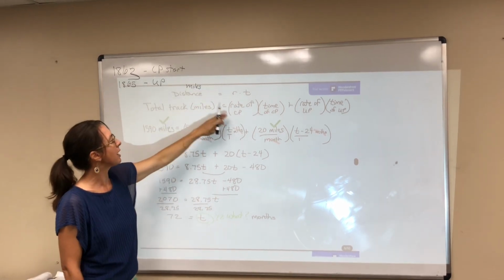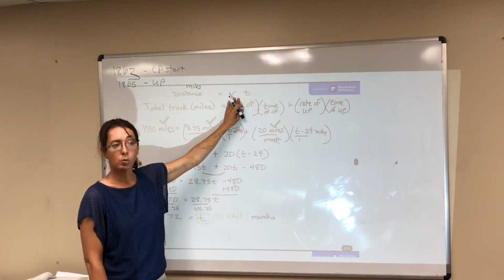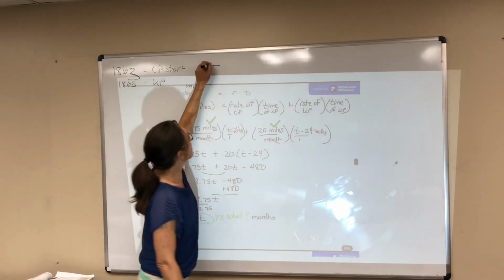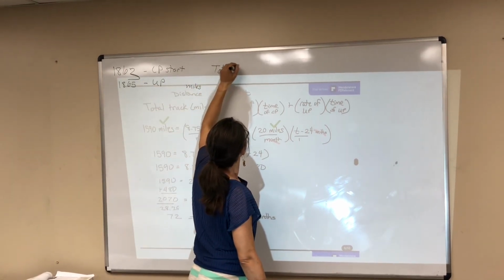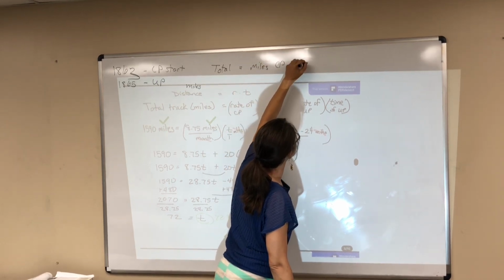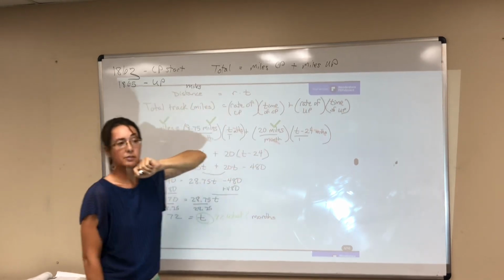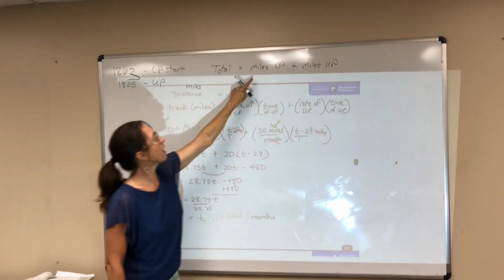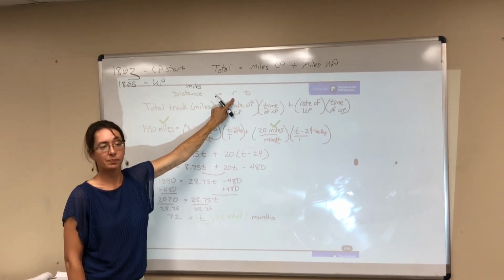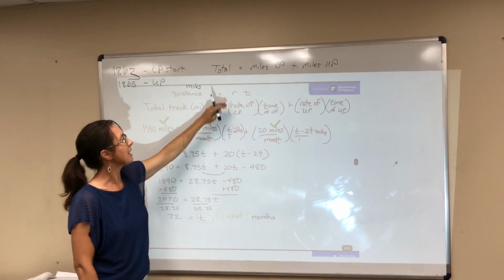Everywhere that we see miles, we can replace it with rate times time. We're substituting here. So our total track equals the miles of CP plus the miles of UP. Everywhere I see miles, I can replace it with rate times time. We're just substituting.